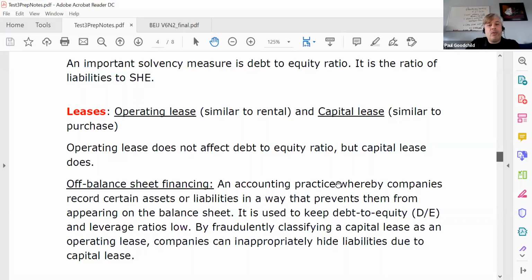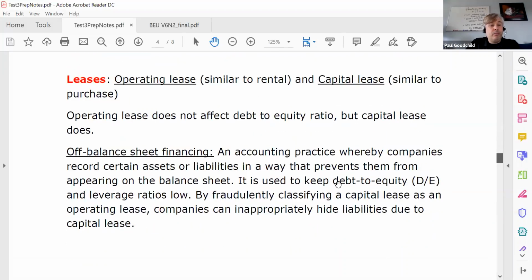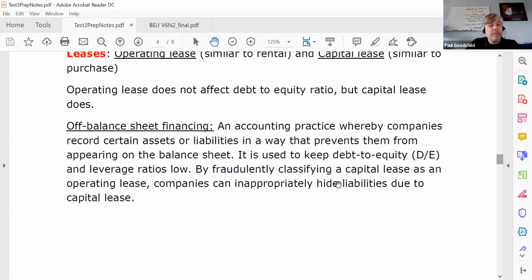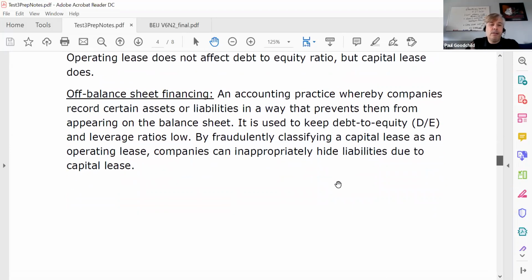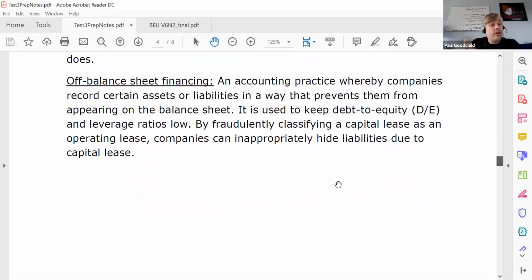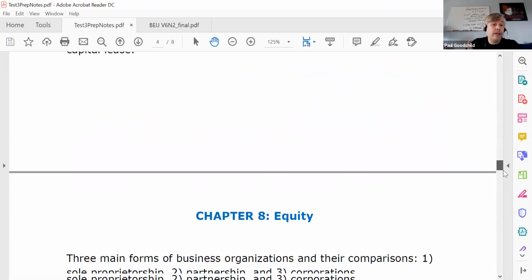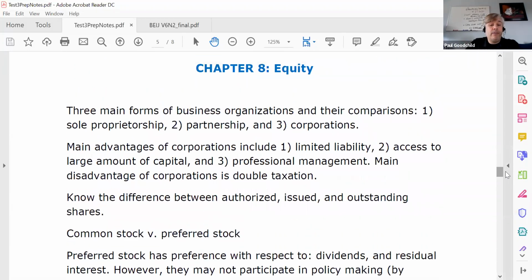I don't have any questions on the exam related to these, and you don't have to worry about off-balance sheet financing. So this other faculty member covered that in their class, so they have it on their test. I do not have it on mine.